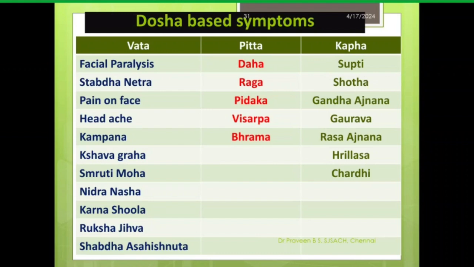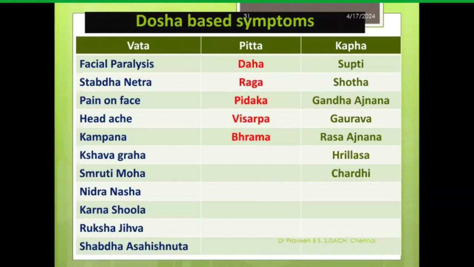In case of Pitta, when it is involved, Daha is there, Raga is there, Pidaka is there, Visarpa is there. And when I say Visarpa, I do not exactly mean Visarpa as a disease, though of course it is also incorporated.